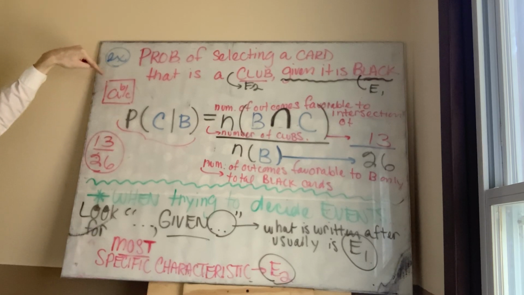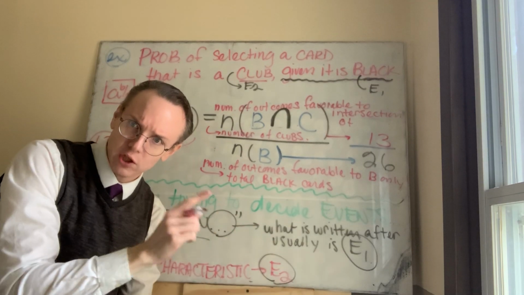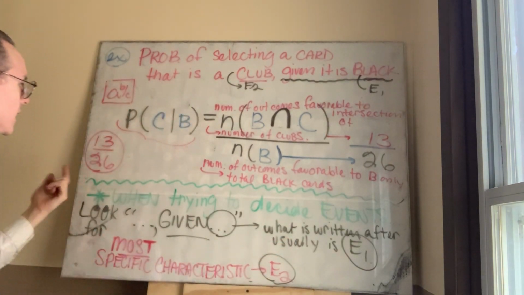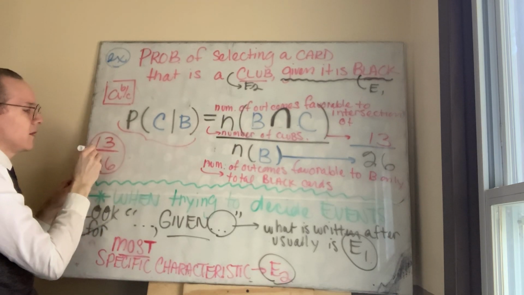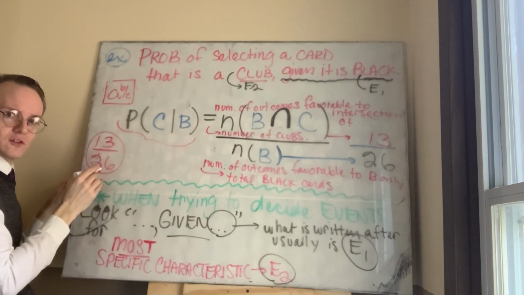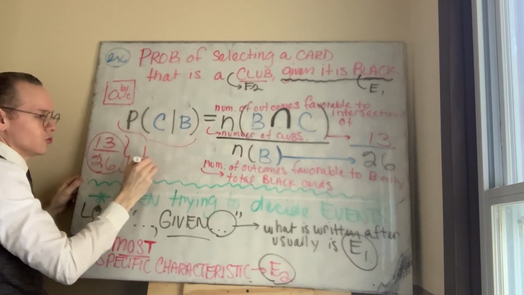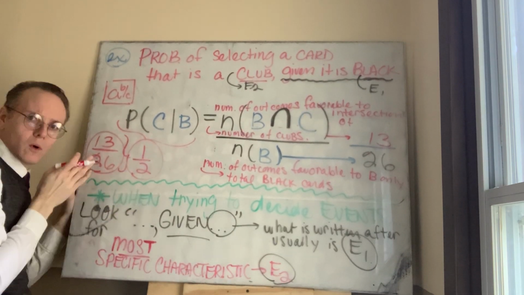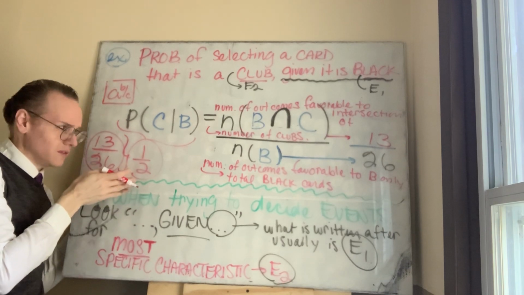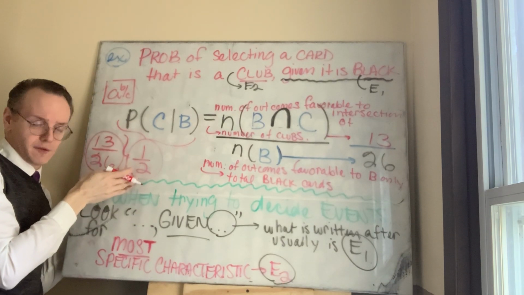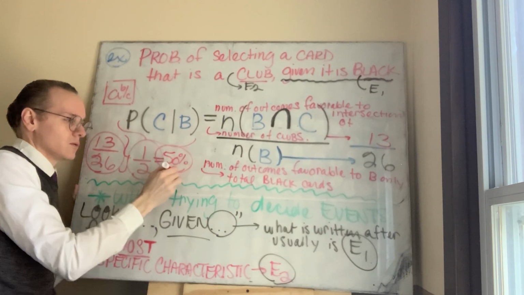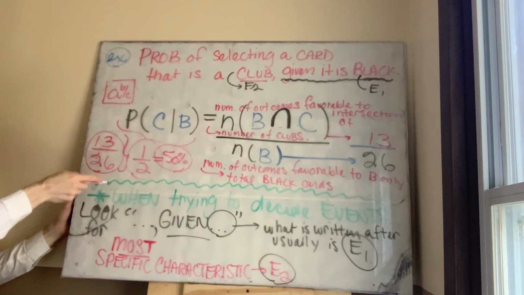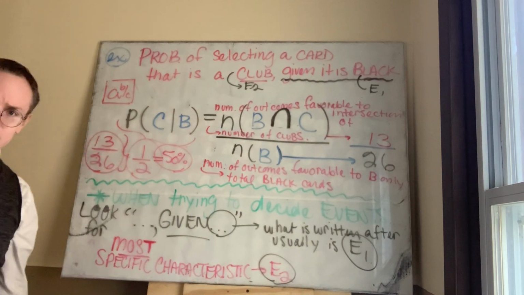If you type 13 and then press this button and then type 26, it'll spit it out as the fraction in simplest form. It just so happens, and I did the math mentally as well, that this is half of this. So this is what it would reduce to. It's more concise and simplified to say that it is 1/2, which in terms of a percentage is of course 50%. So 13/26 is 1/2, which is really 50%.